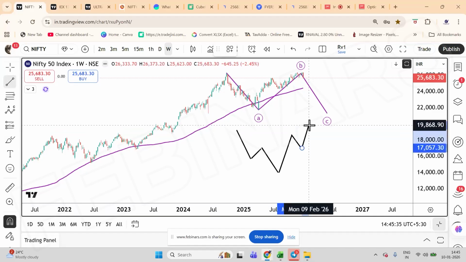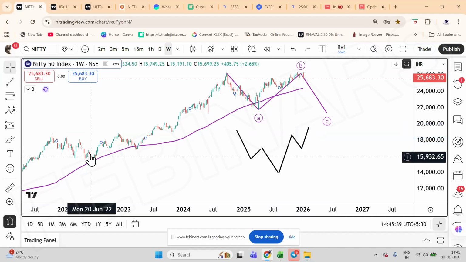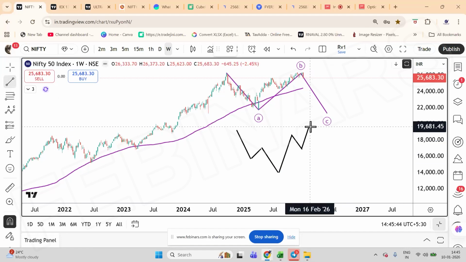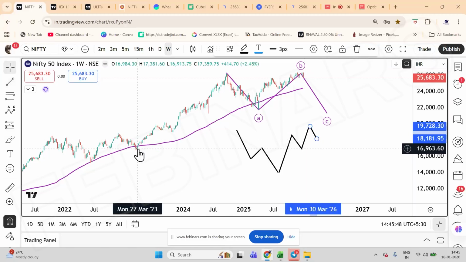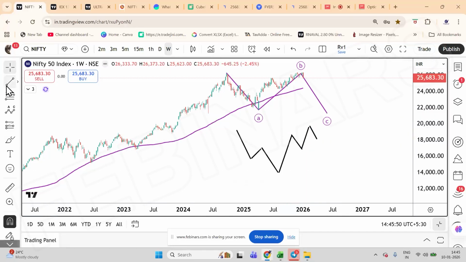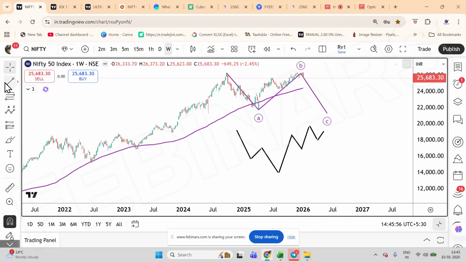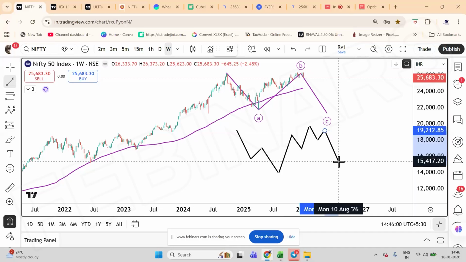A small false fresh high has been made here. Now what has started in the markets? This could be devastating. Everybody is expecting a fresh high.